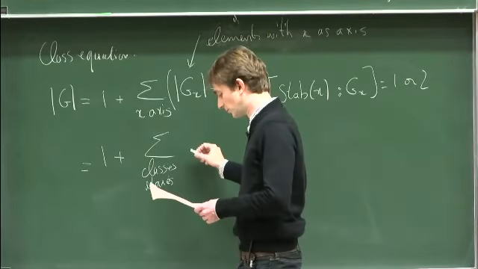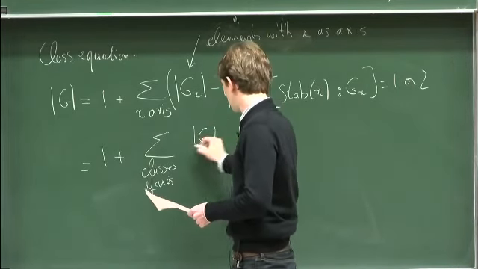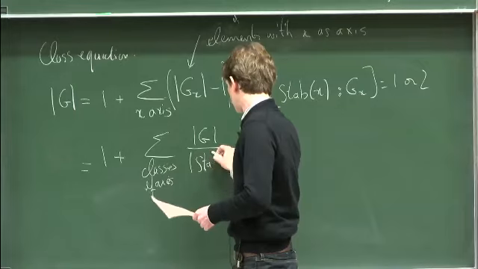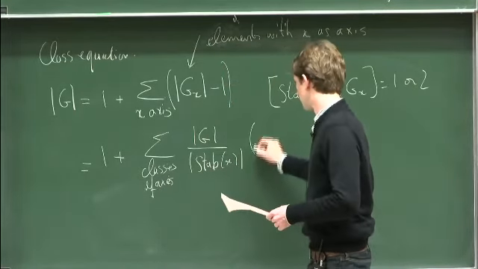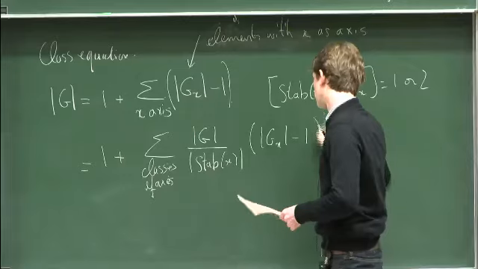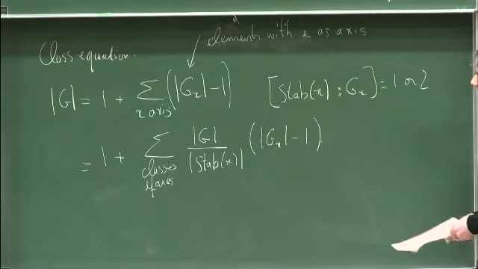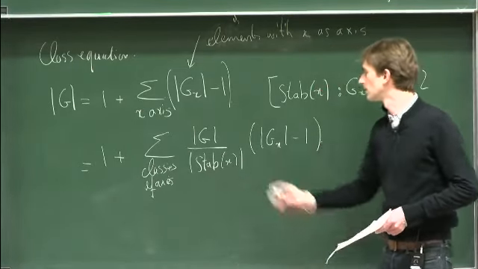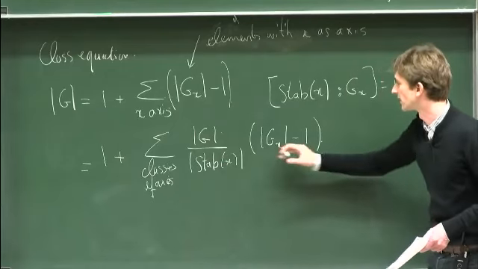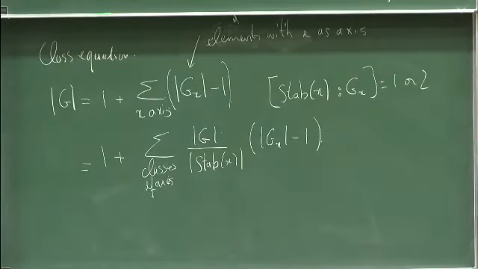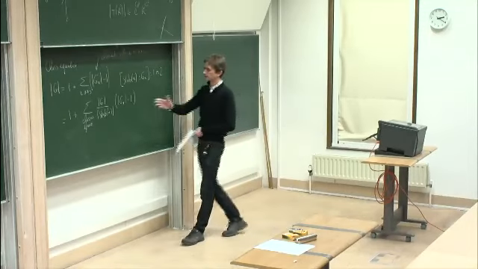So here you write this like this. You have G over the stabilizer of that axis, times Gx minus 1. That's the size of an orbit, and for each element in the orbit, you have the same number of group elements with that axis.